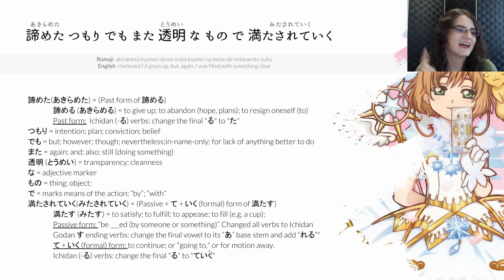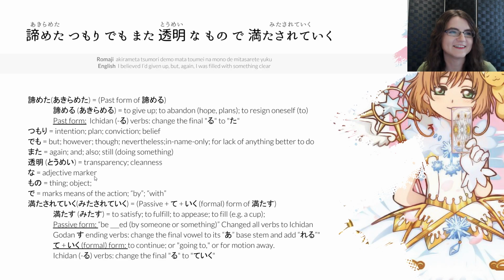So mitasu, mitasareru, mitasareteiku. So that's like you're being in the state of that action, or you're going to do some action. So passive here is having something done to you by someone or something. So it's being done by the clear objects, your clear cards, what have you. So this is being in the state of being filled up by clear cards.